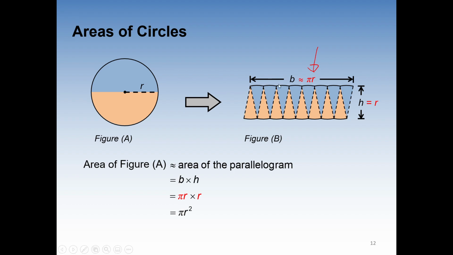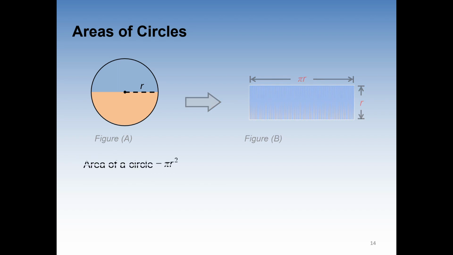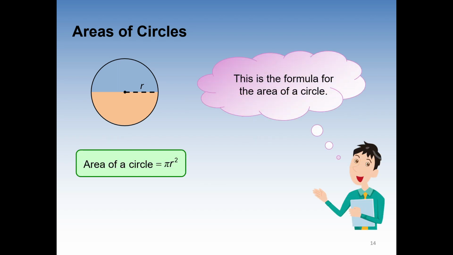So that means pi r times r. So the area of the circle will be pi r squared, right? If we cut the circle into even smaller pieces, then the area is exactly equal to pi r squared. So it is our formula. Please copy it down on your class workbook as well.